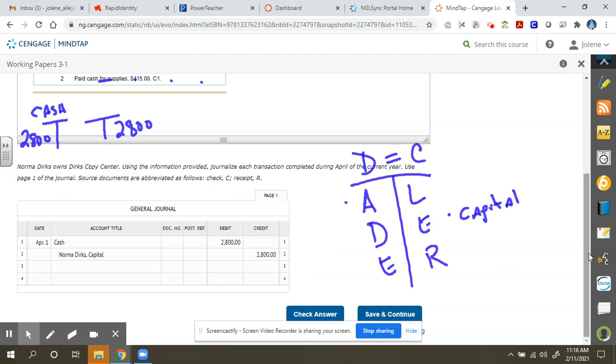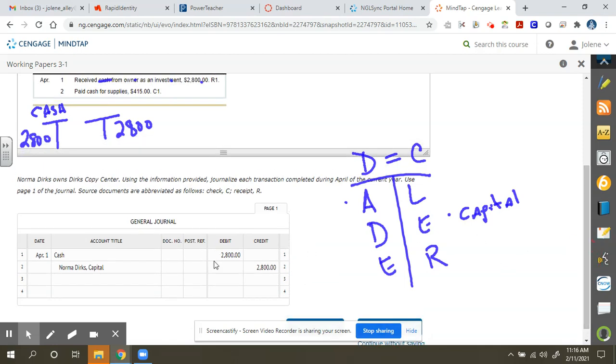Now I'm not quite finished yet, because as an accountant, I know that I cannot post anything in these journals unless I have a document that backs me up. And right here is our document that backs us up: receipt number 1. It gives it to you right here.